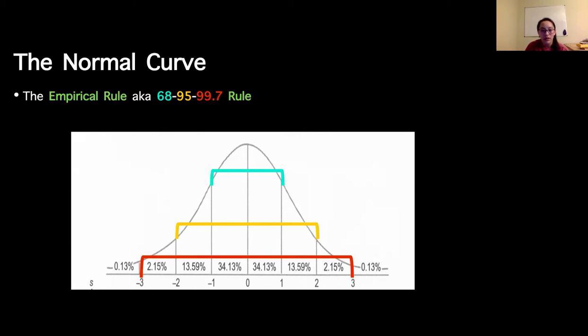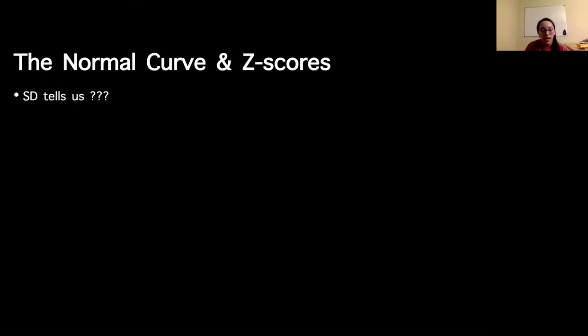So moving on. How do we get to z-scores? Remember the normal curve is built on the basis of standard deviations, right? Standard deviations are a measure of variability, so how far data is spread away from the mean.